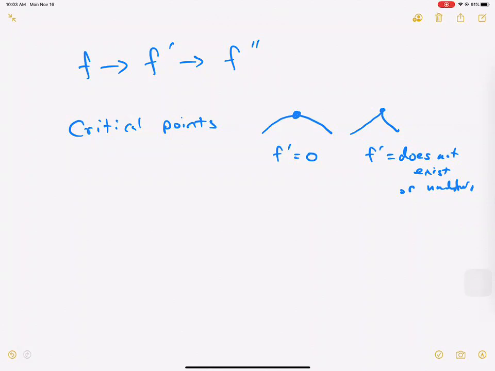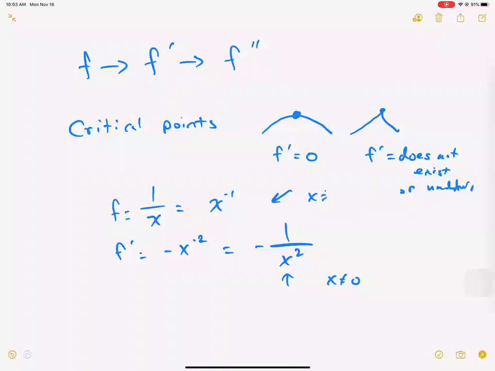Now, if I give you a problem like 1 over x, which is x to the negative 1, and take the derivative, f prime would be negative x to the negative 2, which is negative 1 over x squared. We realize we don't have a derivative at x equals 0, but we also didn't have a value at x equals 0 here.